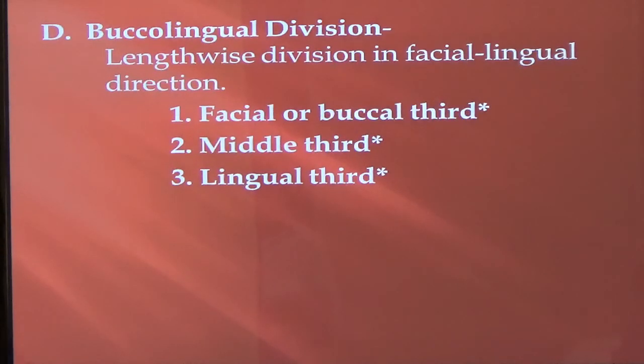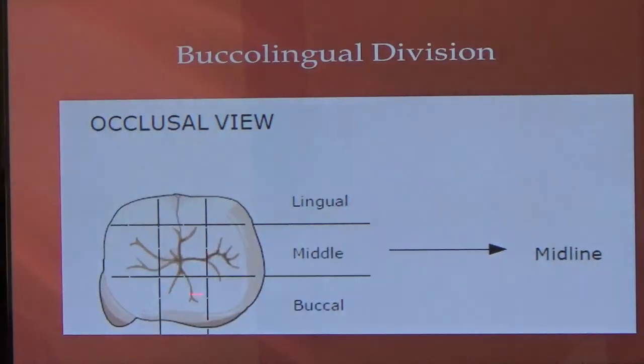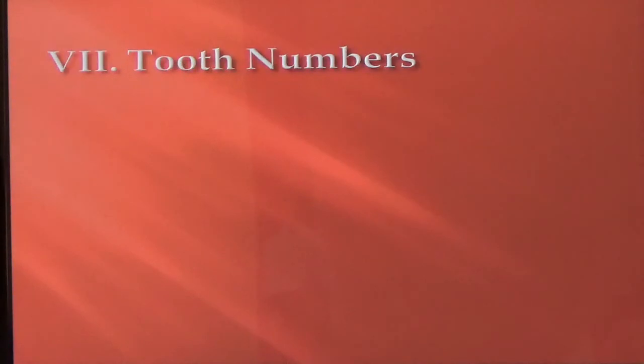It's just which way you're going that decides what you use. So buccal, middle, lingual, and then mesial, middle, distal. Getting there? That's good. At least we're going in the right direction.